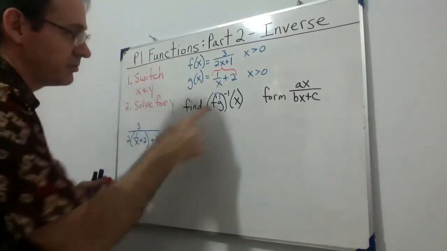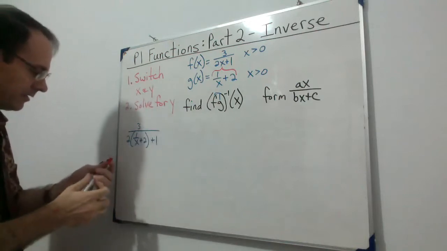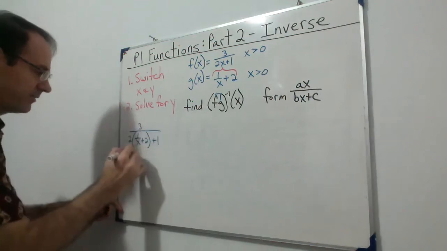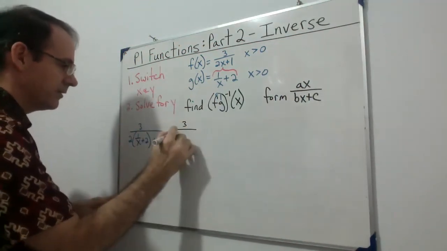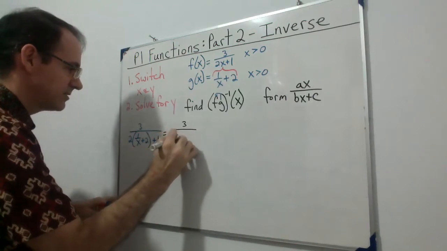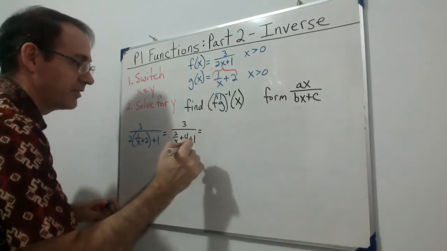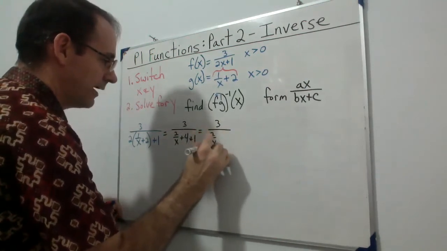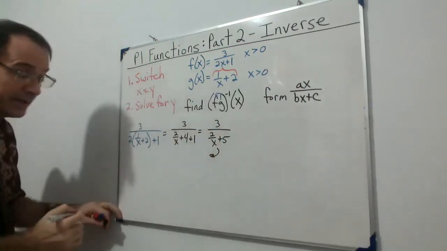Okay, so g gets put into f. Here we want to go through this relatively quickly. So we get 3 over, this is 2 over x plus 4 plus 1 equals 3 over 2 over x plus 5.